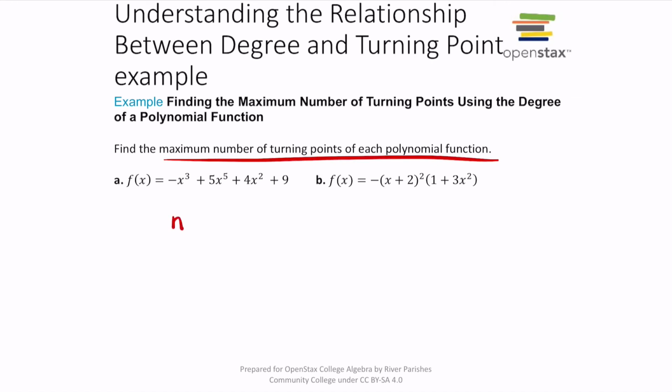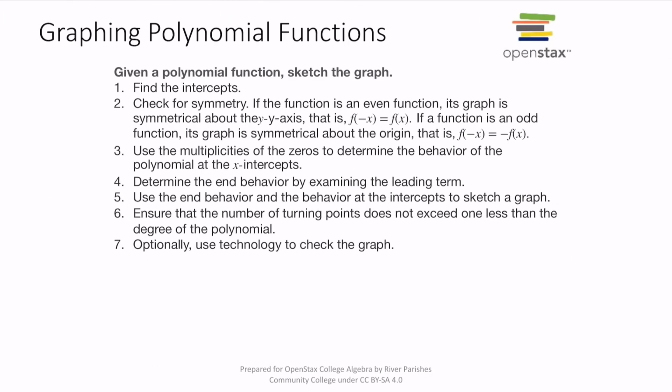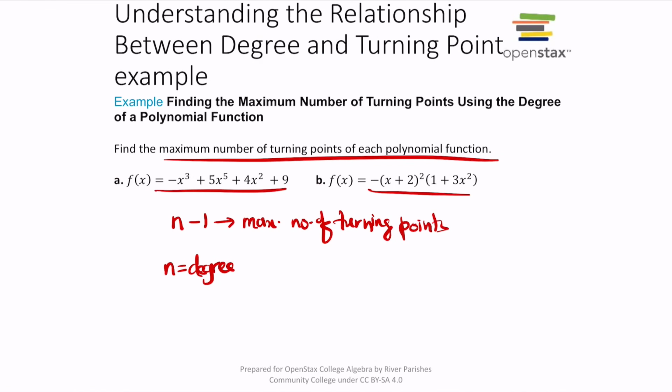The maximum number of turning points is n minus 1, where n is the degree of the polynomial. Pause the video right here and try to determine the maximum number of turning points for these two functions. So with that, we end lecture 2.